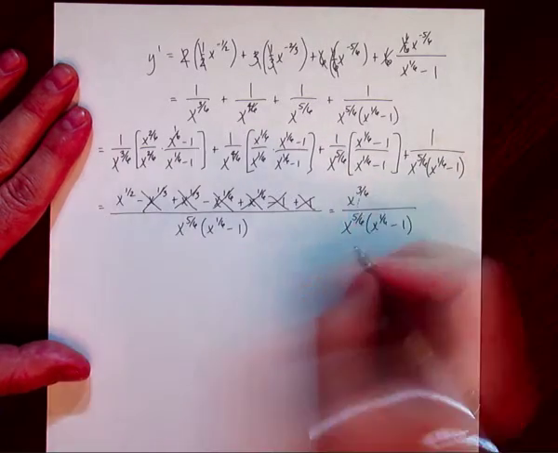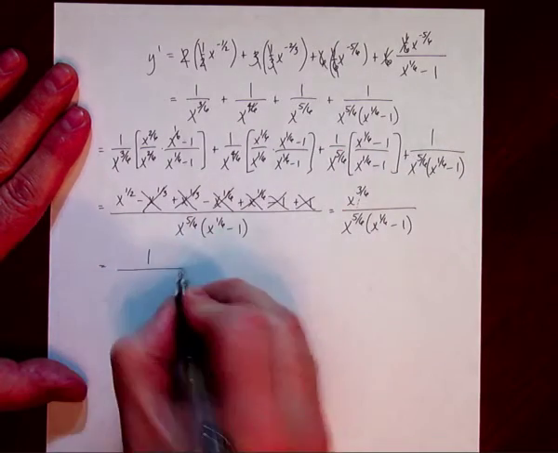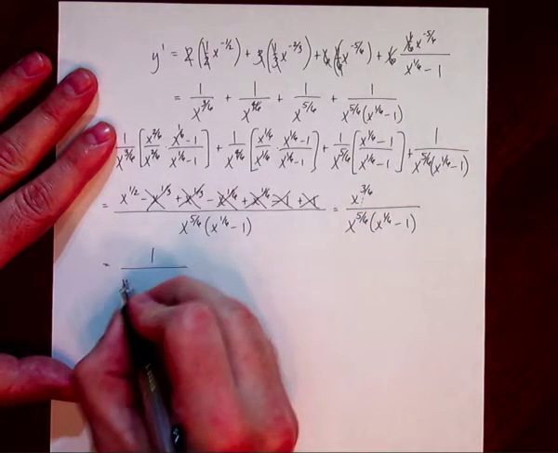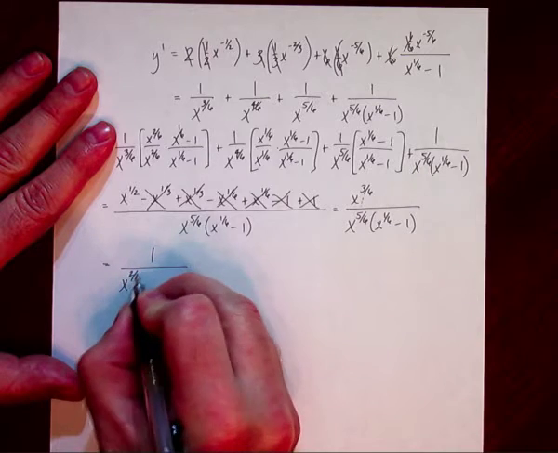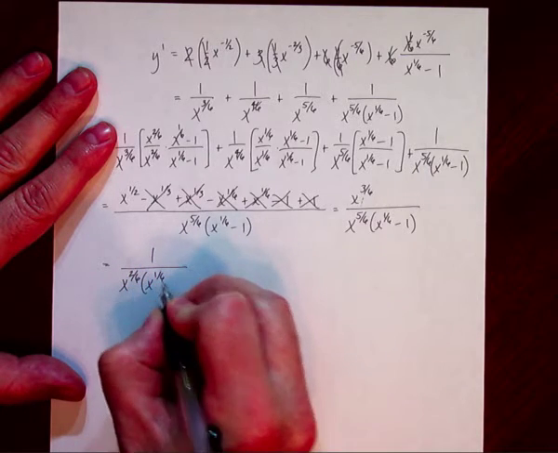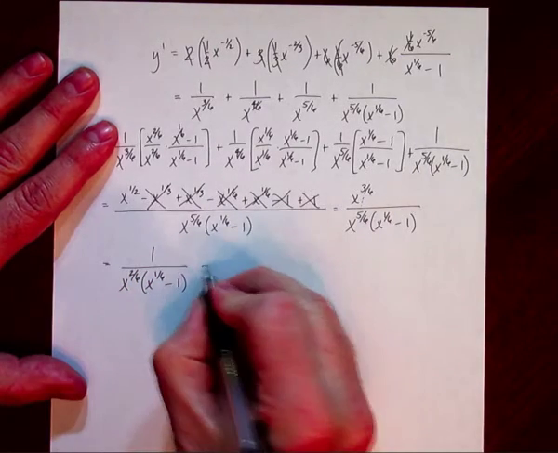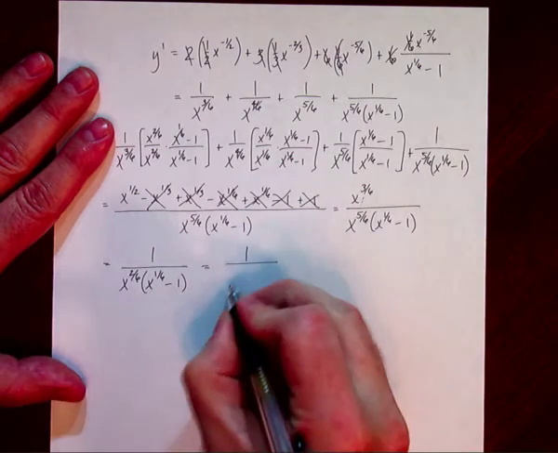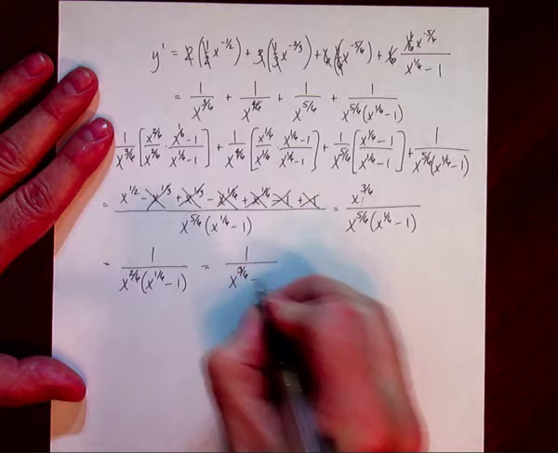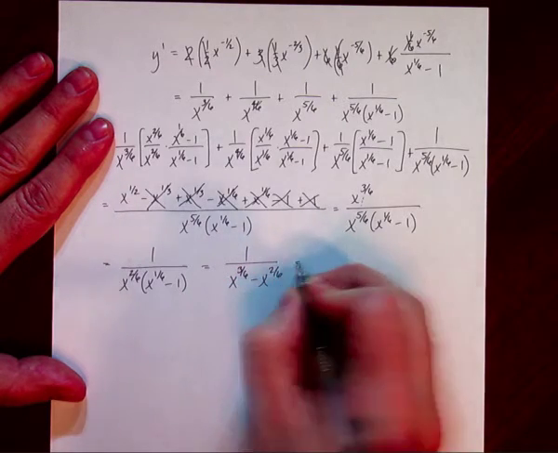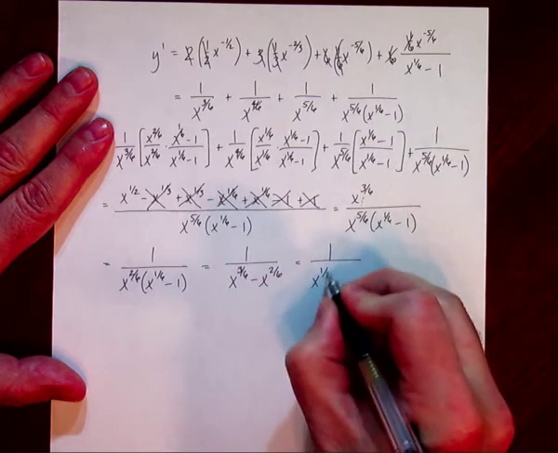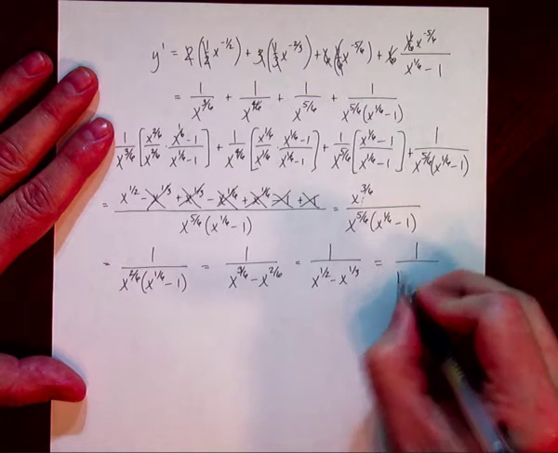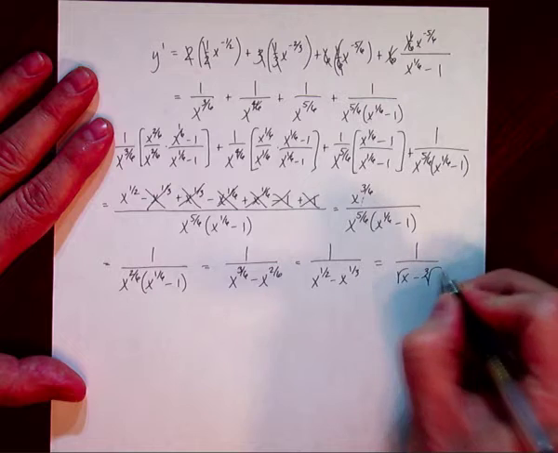Now this can reduce, and I'm left with 1 over x to the 2/6 down here, x to the 1/6 minus 1. And then when I distribute, it's going to be x to the 3/6 minus x to the 2/6, which is x to the 1/2 minus x to the 1/3, which is the square root of x minus the cube root of x.